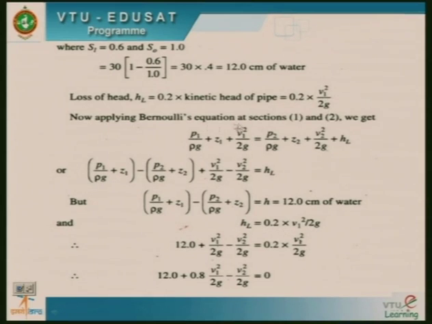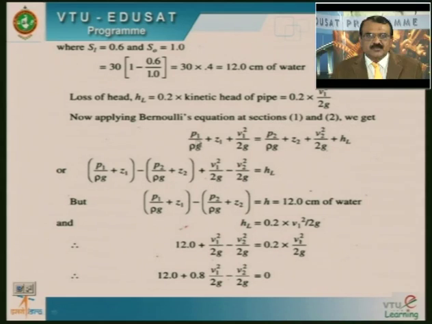Now, applying Bernoulli's equation between section 1 and section 2, we get P1 by gamma plus V1 square by 2g plus Z1 must be equal to P2 by gamma, or you can replace this gamma as rho g, P2 by rho g plus V2 square by 2g plus Z2: pressure energy, kinetic energy, datum energy. Plus, when you talk about a real fluid, don't forget to put this head loss.